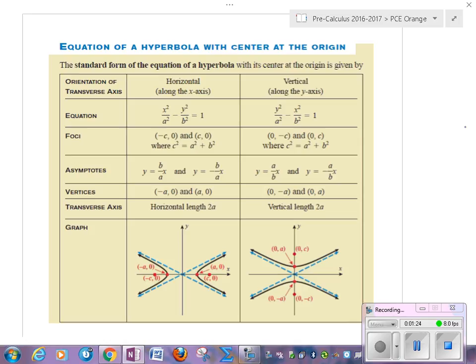If your equation starts with an x squared, or x minus h squared if it's not centered at the origin, that means the hyperbola will open left or right, versus starting with a y squared or a y minus k squared value, which opens up and down.